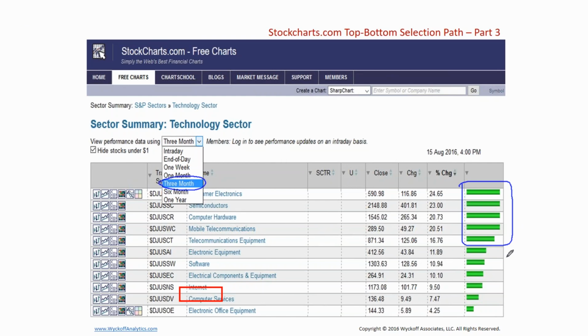Now imagine that we are doing this analysis, and obviously August 15th maybe was not the greatest place to conduct this analysis, but imagine that we are doing this analysis during some kind of reaction. And the reactions could be different, right? We saw that some of the reactions are going to be appropriate for a more long-term swing trader, and some of the reactions are going to be more appropriate for a shorter-term swing trader.